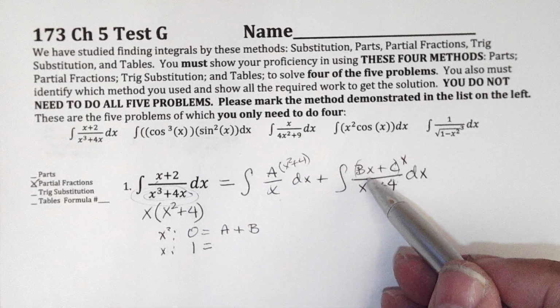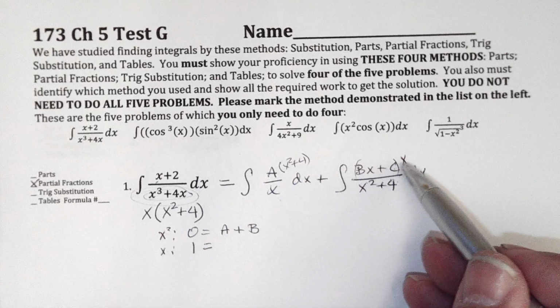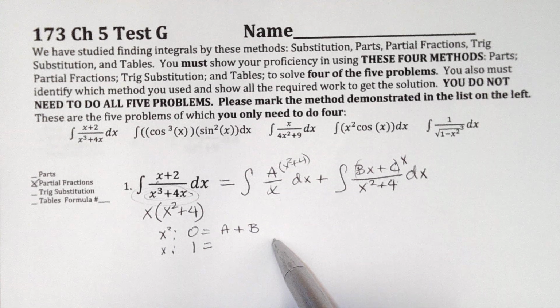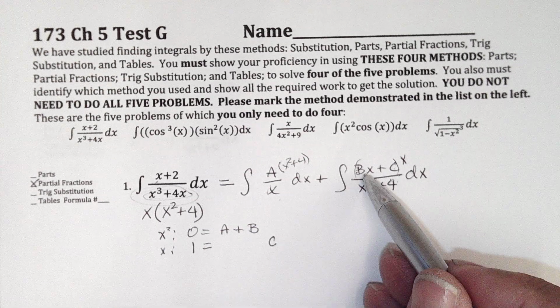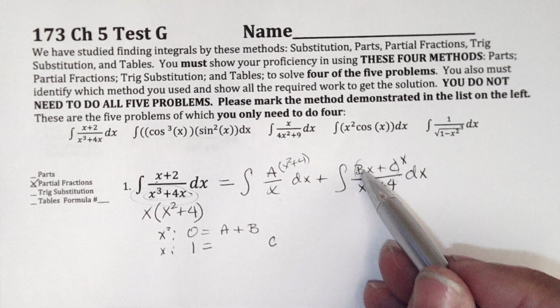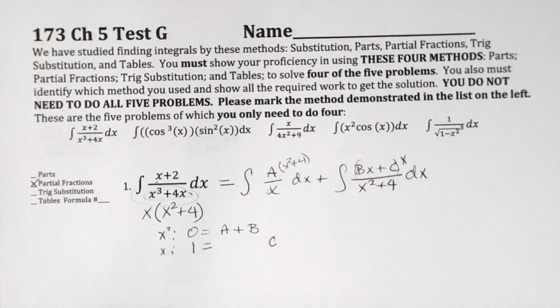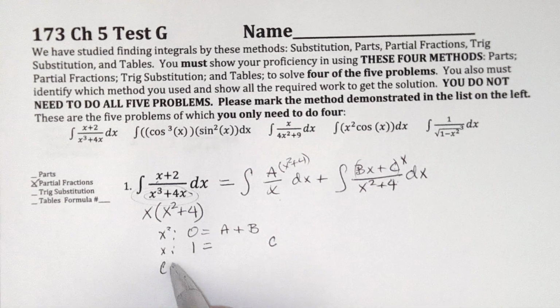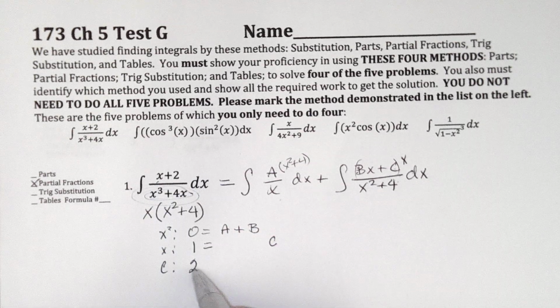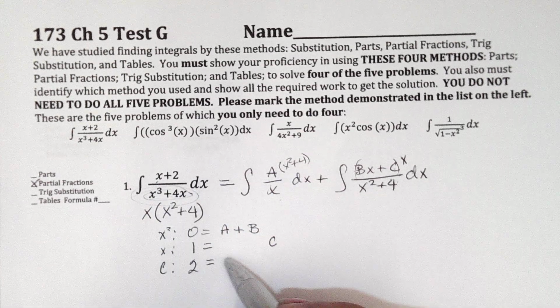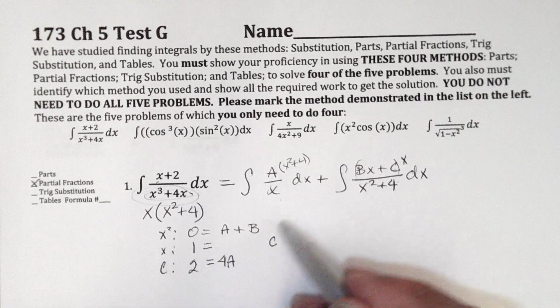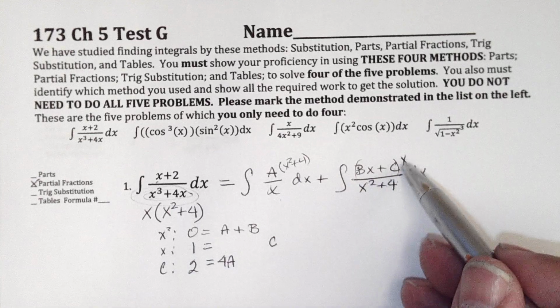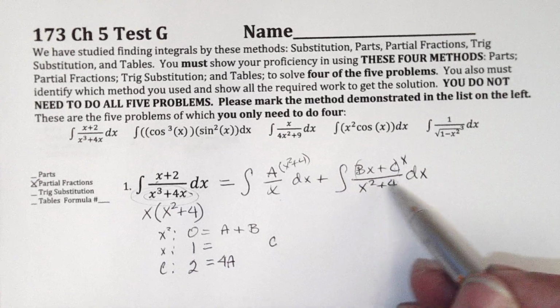There's no x's there. And there's a Cx. But there's no, B is by x squared. So looks like C is 1. Look at the constants. And that's 2. And that's 4A. And x is times both of those, so there's no constants there.